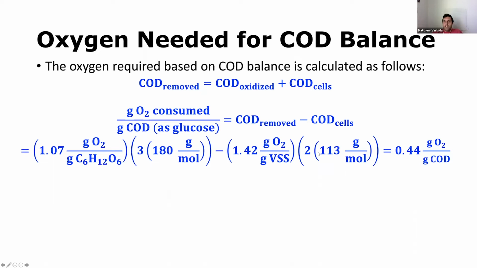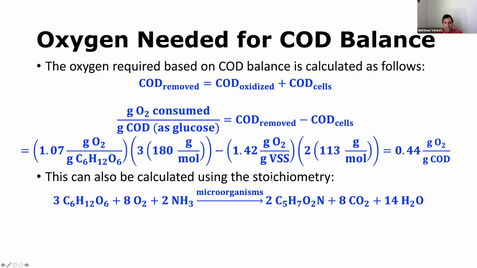The moles of C5H7O2N, moles cancel out. Grams of VSS or grams of C5H7O2N cancel out. And we're left just with grams of oxygen that's tied up in the microbial biomass that's produced as sludge during the wastewater treatment process. All right, so we take these two terms, subtract them, and we get 0.44 grams of oxygen for every gram of COD that's being removed in this reaction.